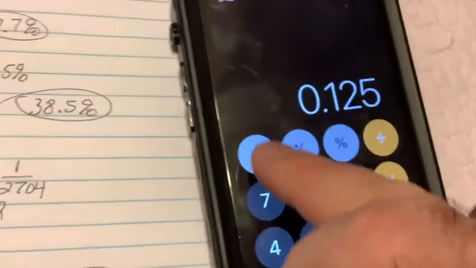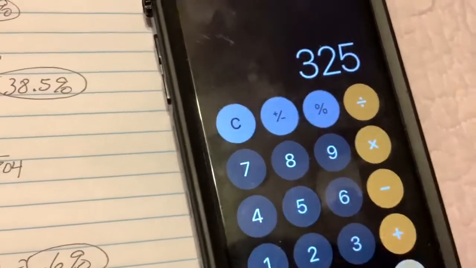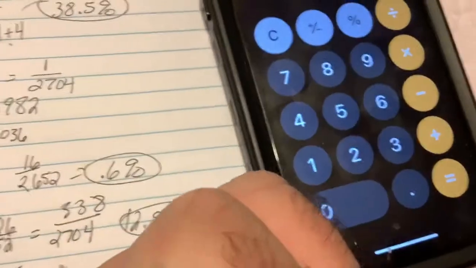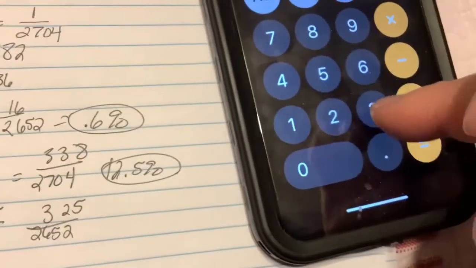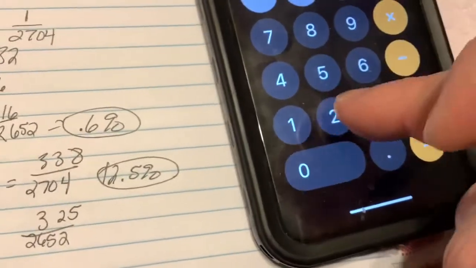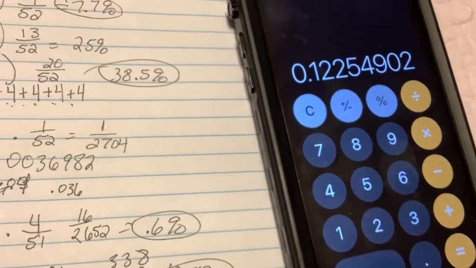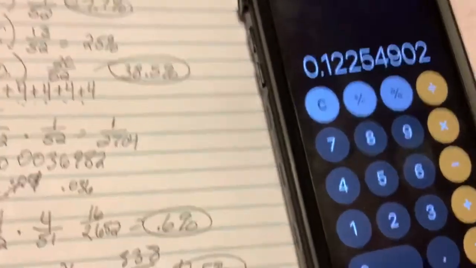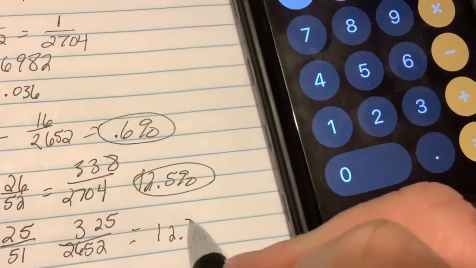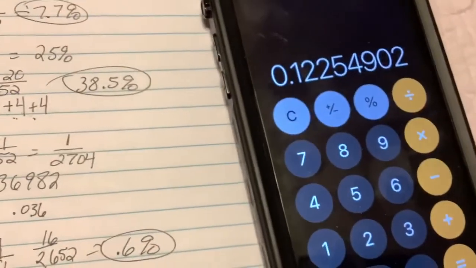And then 13 times 25 is 325. So 325 divided by 2,652, and you get a 12.3% chance. Okay, it's a little bit less than 12.5, not much, but because you didn't put that card back in, it affects it. So 12.3.